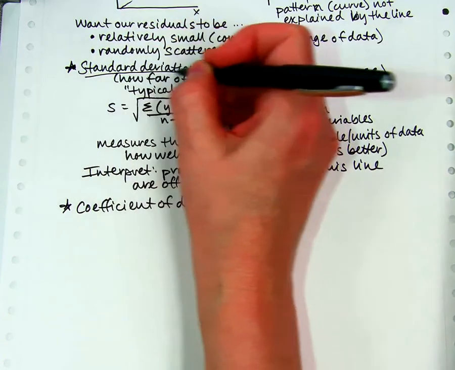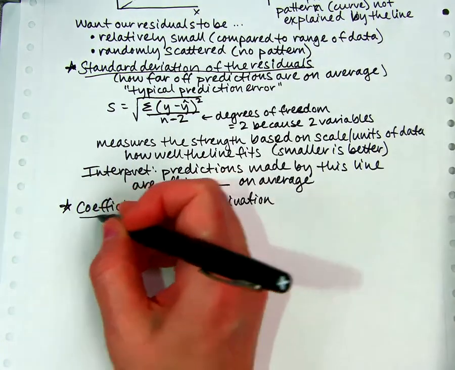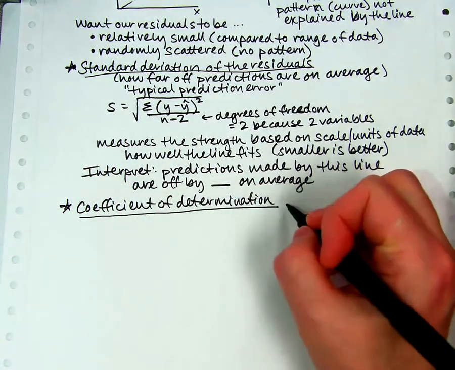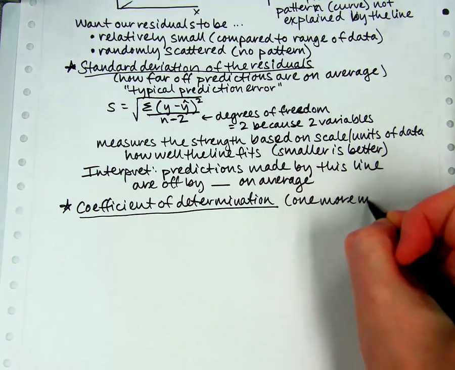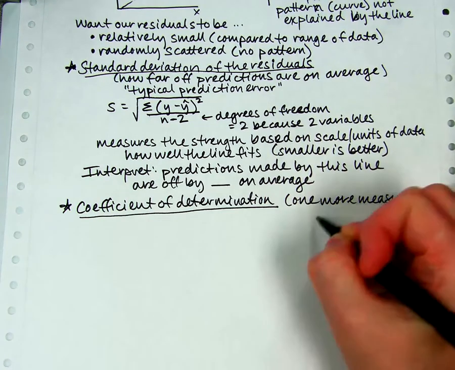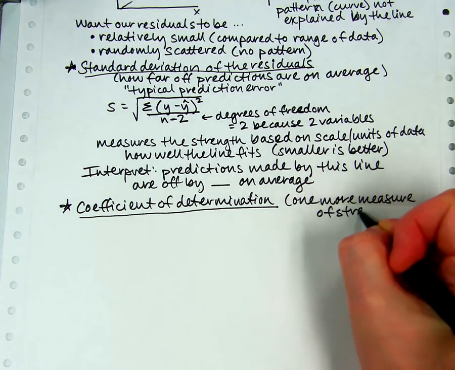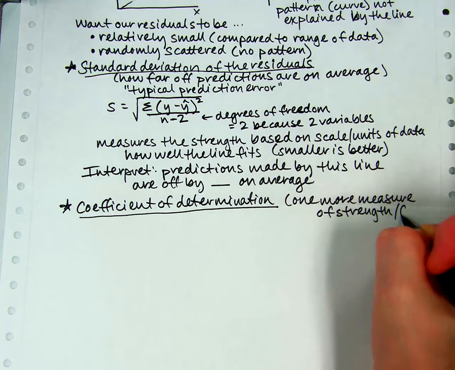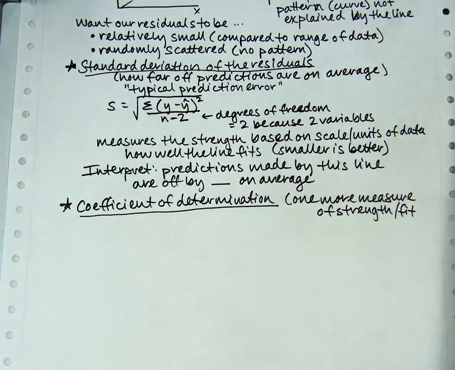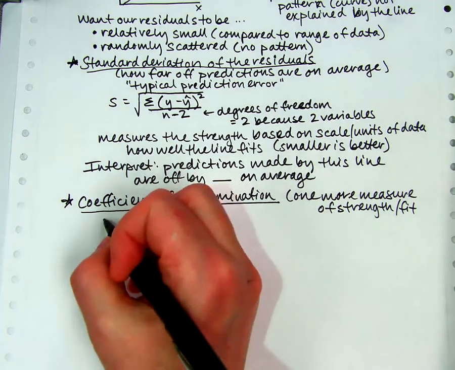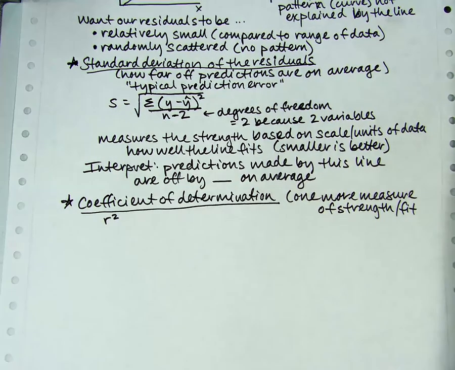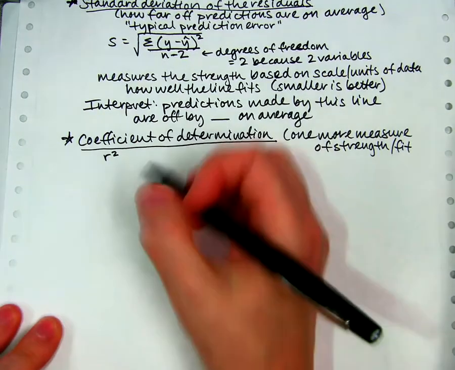We've got the standard deviation of residuals, and we have the coefficient of determination, which is one more measure of strength or fit. So the coefficient of determination is a fancy name for R squared. Let's think about that for a minute. What is R squared? I'm going to give you a partial proof, but not exactly complete.